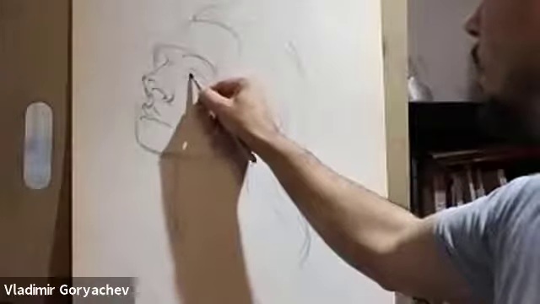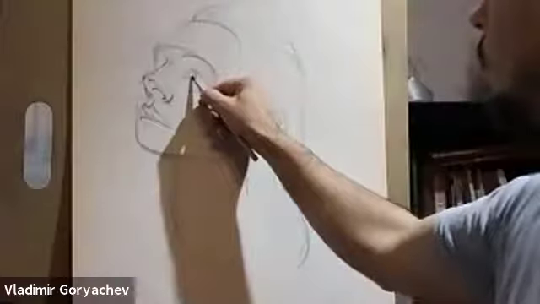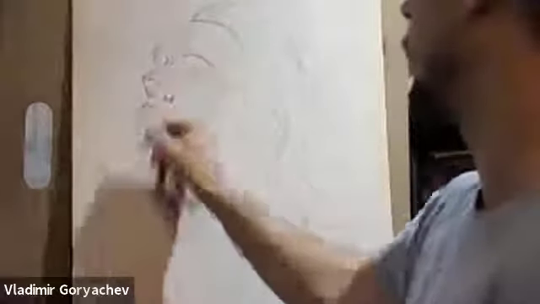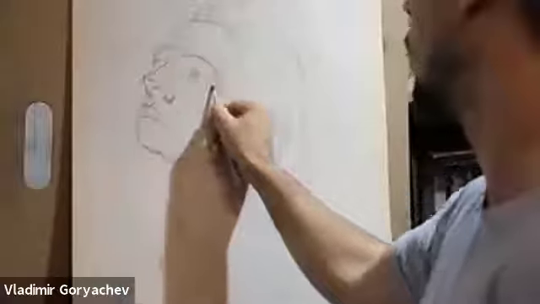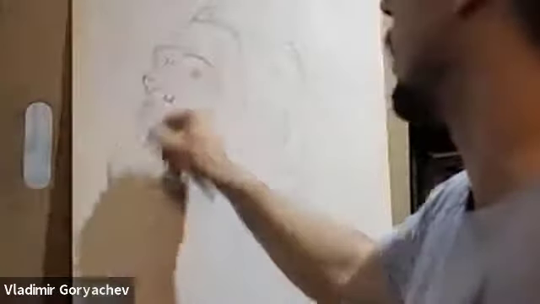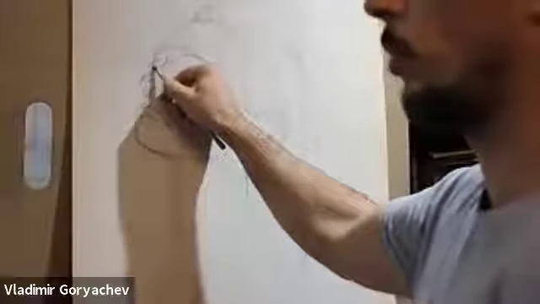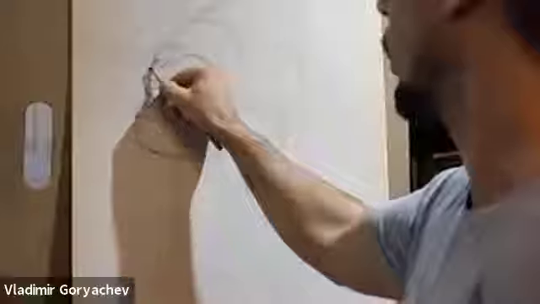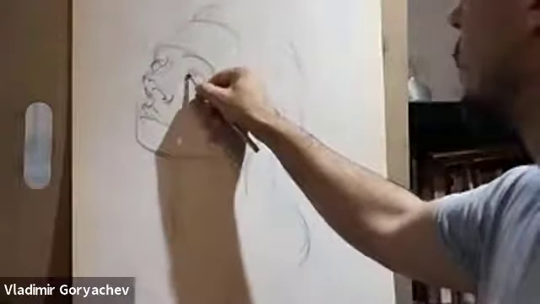Maybe like this. If we draw them together, that would be very helpful to find where this arc is going to end up on this side. Because we see it from down below, we're going to see the thickness of the eyelid.